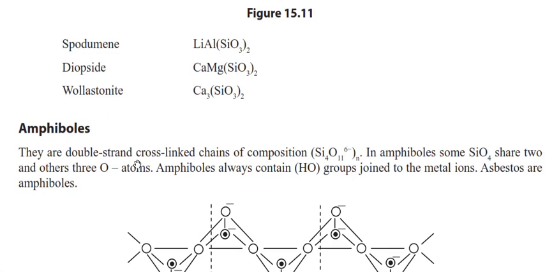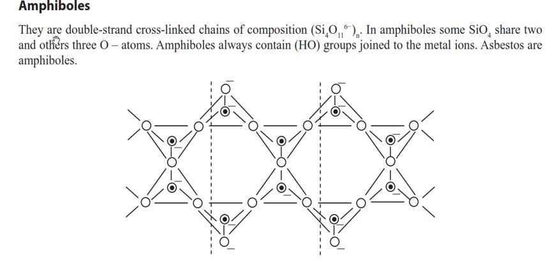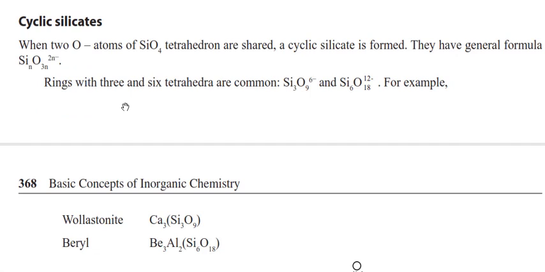Amphiboles are double-strand cross-linked chains. In amphiboles some SiO4 units share 2 and others share 3 oxygen atoms, and amphiboles always contain OH groups joined to metals. Asbestos is one example of amphiboles.